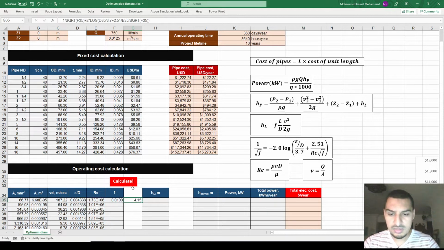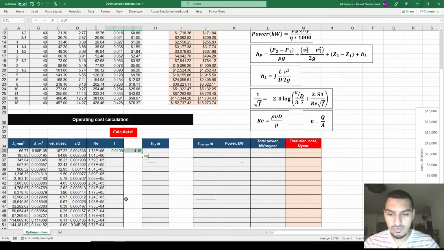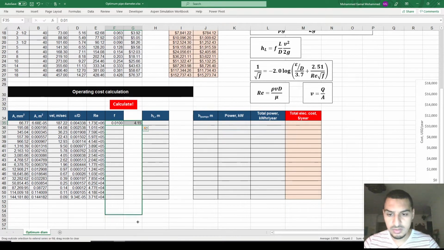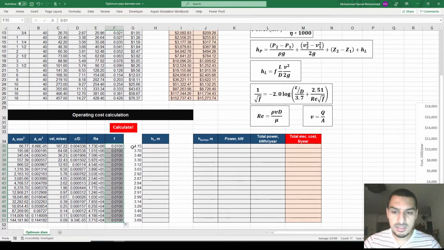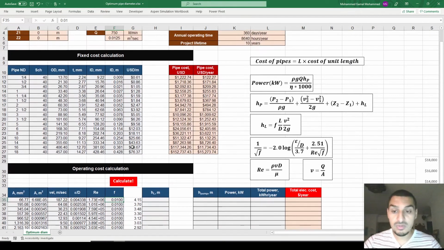I'm going to do this for all of them before I start the solution. It seems that it's not right for any one of them. They're all giving errors, so I have to do goal seek for all of them.